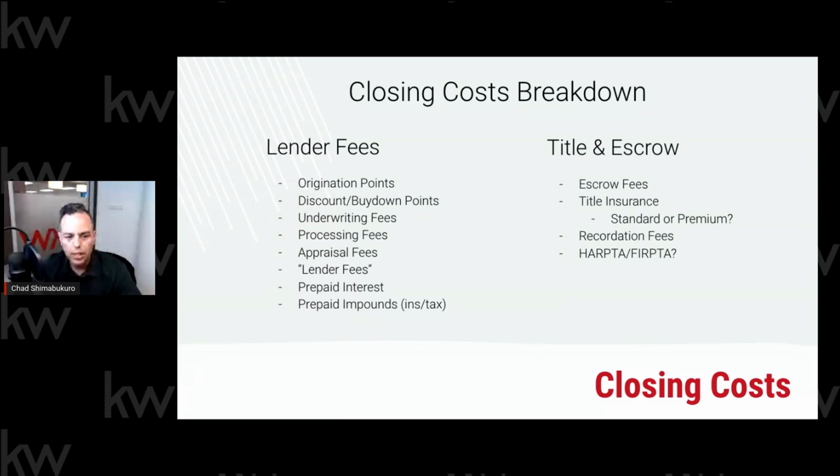But discount points is not always a good idea. It can be a good idea depending on what your overall goals are. So if you are planning on being in a property for a very short period of time, or an unknown, like you say, I'm going to buy this property, I might keep it for 2 or 3 years, and after that, I'm not sure, I might sell it or what have you.